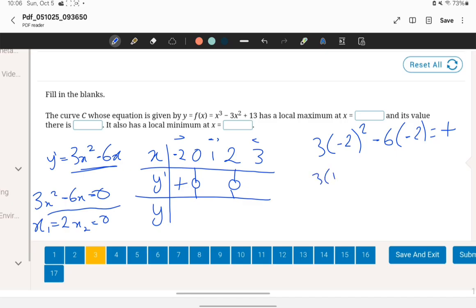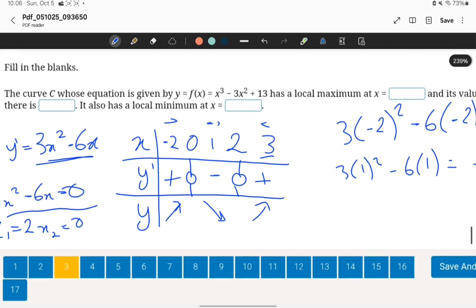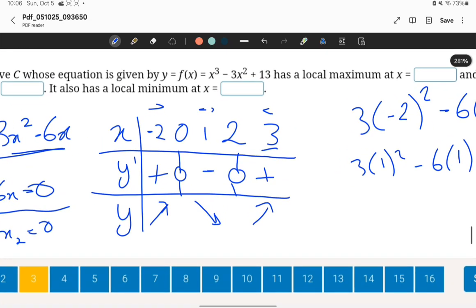So 3 times 1 squared minus 6 times 1, you get a negative number. And same thing with 3, you get a positive number. So here we draw these lines: it's going up, then going down, and going up.